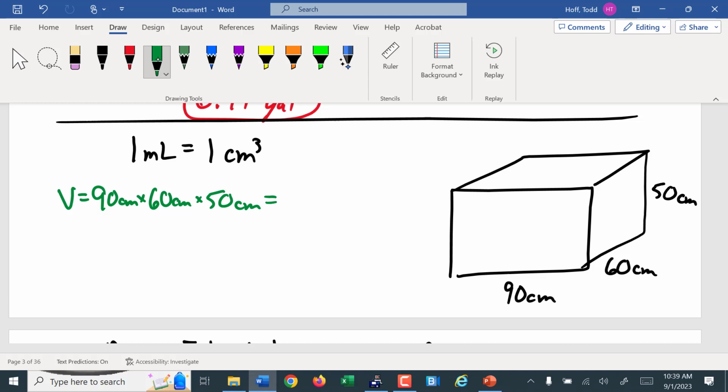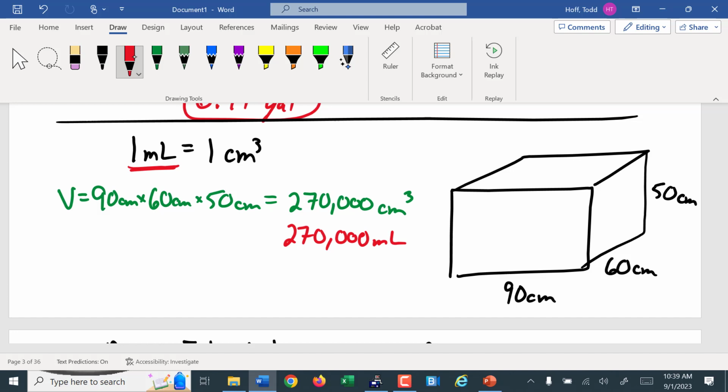What do we get there? 270,000 cubic centimeters. If I want that in milliliters, since 1 milliliter is 1 cubic centimeter, that's 270,000 milliliters.